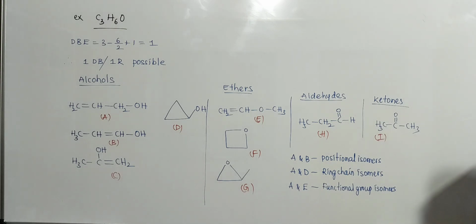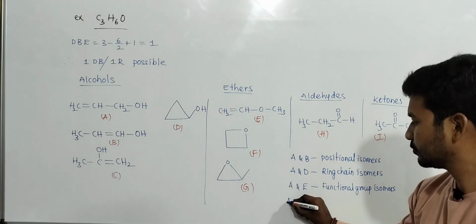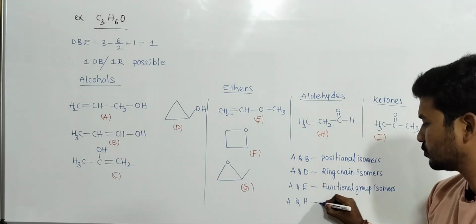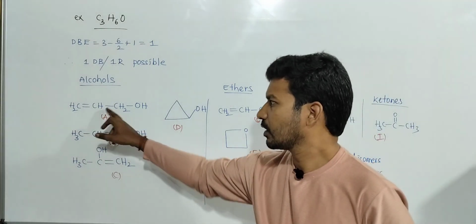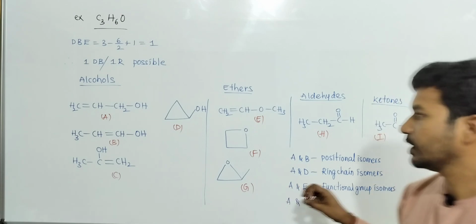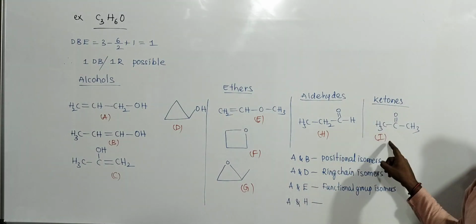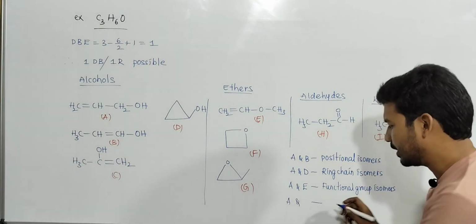Okay. If you see A and H, A and H, A is alcohol enol, and H or I is keto.